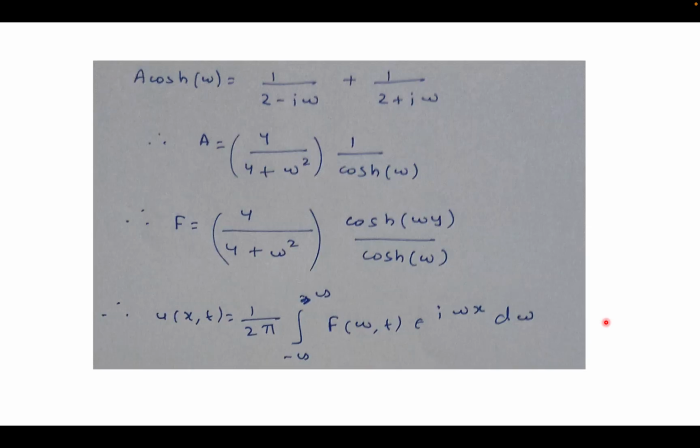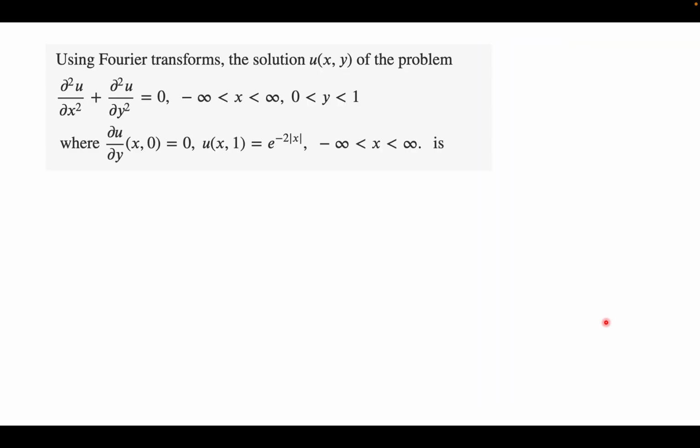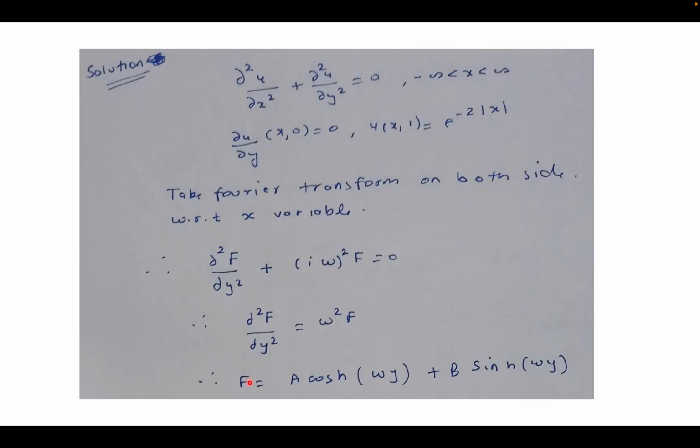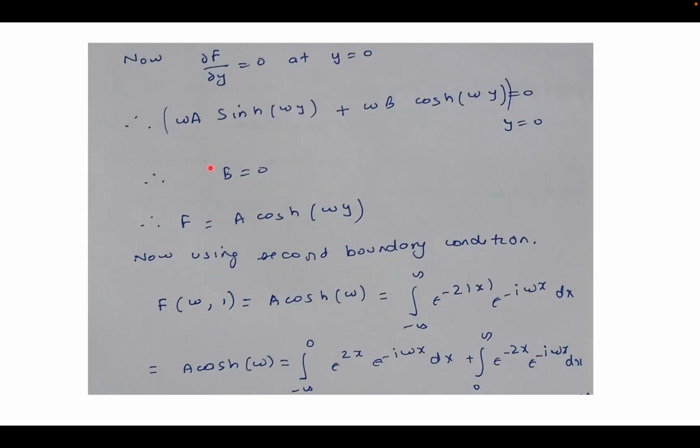Here again, this is a very important question. First you decide what to use. As x is from minus infinity to infinity, you will use the normal Fourier transform, and then you will see how to use these limits. As you have chosen the variable x, this will be just del f upon del y. You take the derivative first of the f, then you find one constant, and that is 0 here.